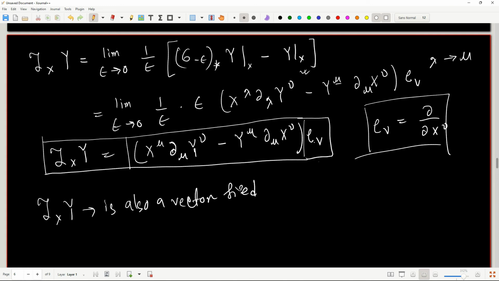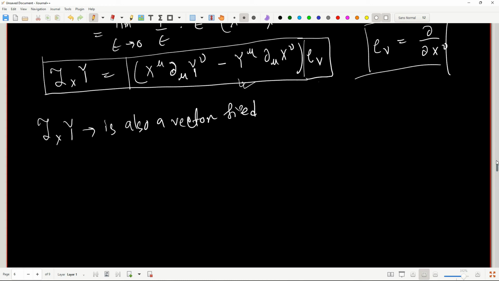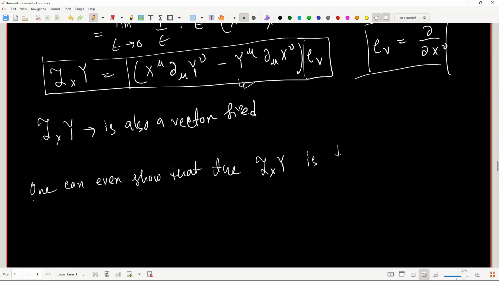And you can even show that this Lie derivative is the same thing as the Lie bracket that you know as a commutator.